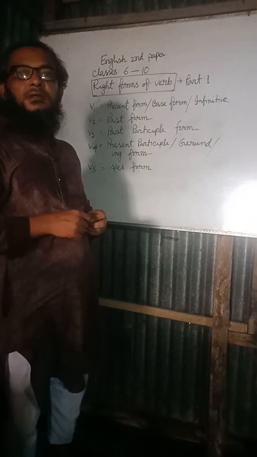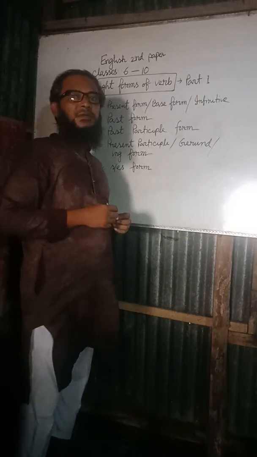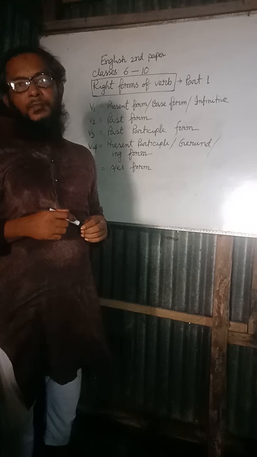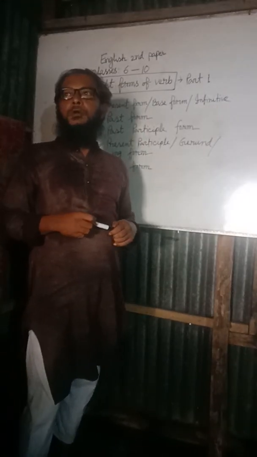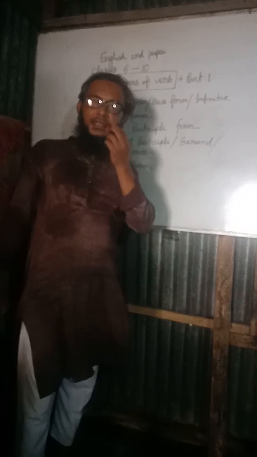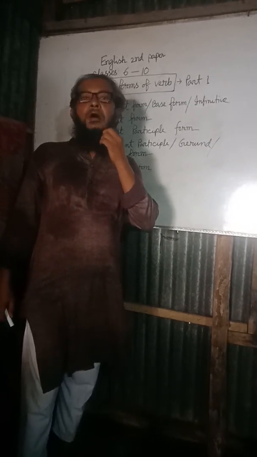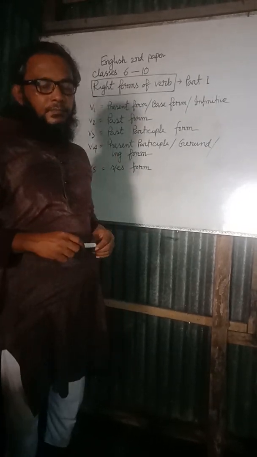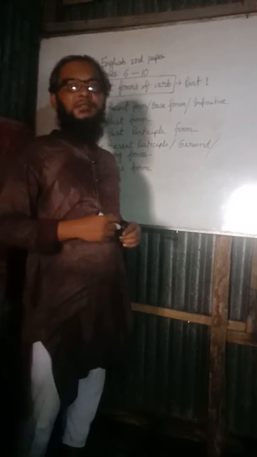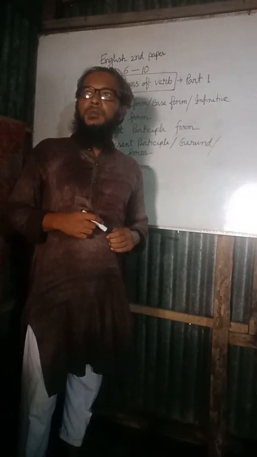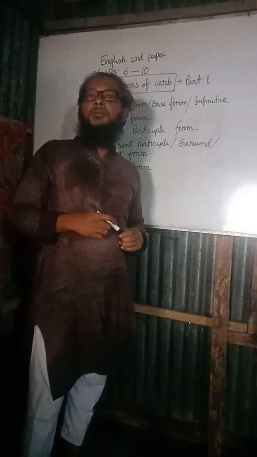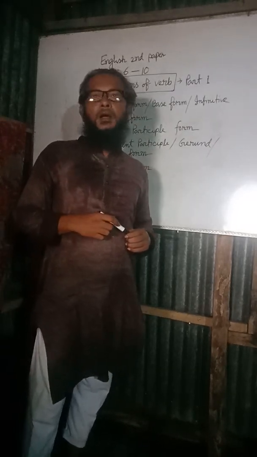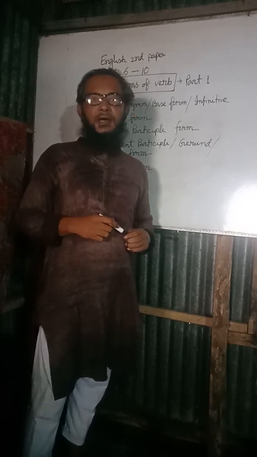At first you should know the different forms of verbs. In your book you can see 3 forms of verb. Actually there are different forms of verb, but knowing 5 forms of verb will be enough for you.